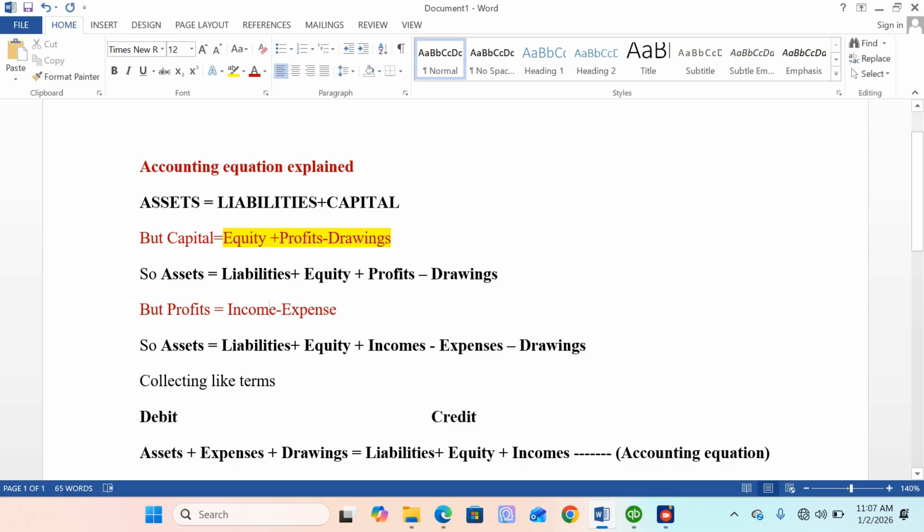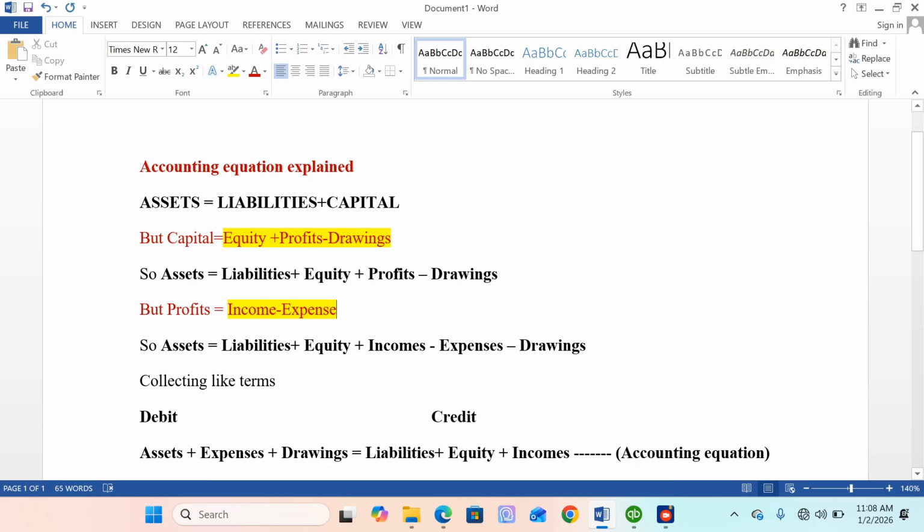You get the income of a period, you less your expenses, then the residual value that remains is the profits. So we replace profits with this in our equation. We shall come up with assets is equal to liabilities plus equity plus incomes minus expenses minus drawings.